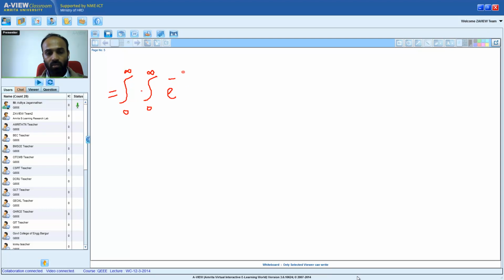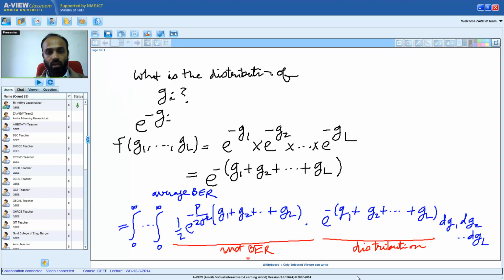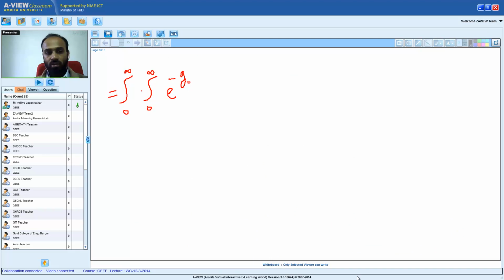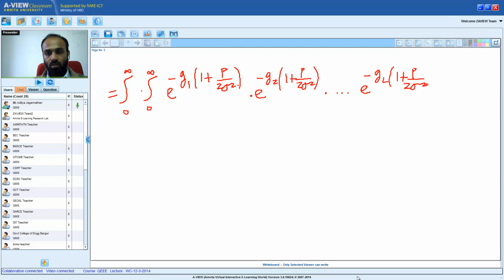I can collect all terms corresponding to each gain g1, g2, gL separately, and therefore I can write this as e to the power of minus g1 (1 plus P by 2 sigma square), into e to the power of minus g2 (1 plus P by 2 sigma square), and so on, e to the power of minus gL (1 plus P by 2 sigma square), into dg1 dg2 up to dgL, right?